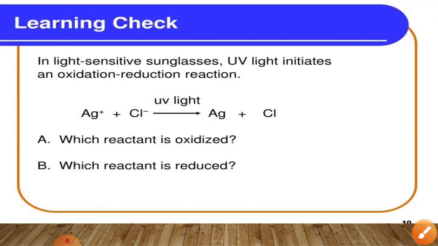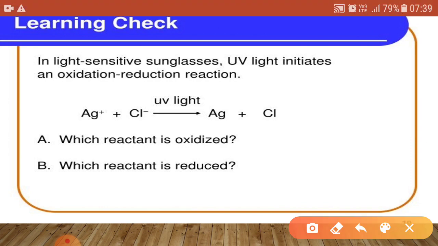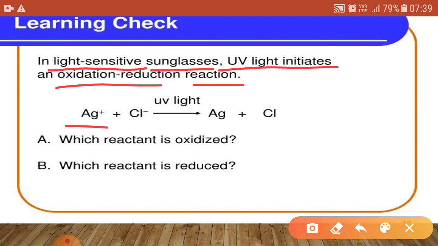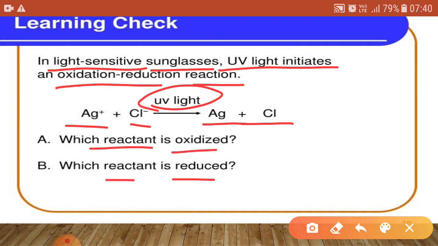Now let's check which reactant is oxidized or reduced. In this reaction, the light sensitive sunglasses reaction, UV light initiates the oxidation and reduction reaction, and silver and chlorine are produced in the presence of UV light. So here we will find which reactant is oxidized and which reactant is reduced.